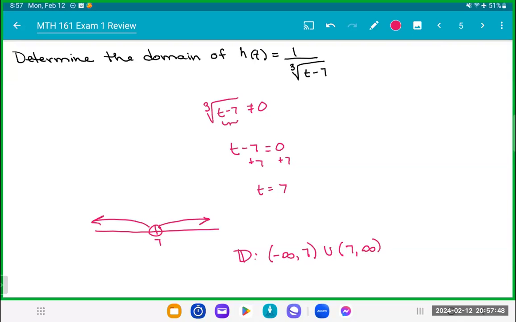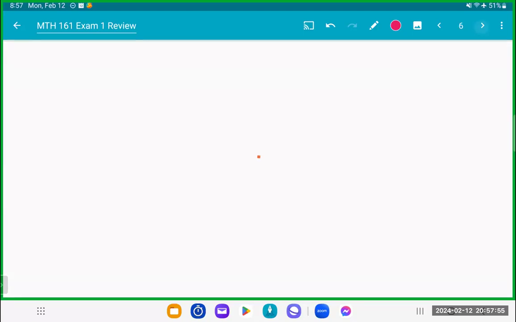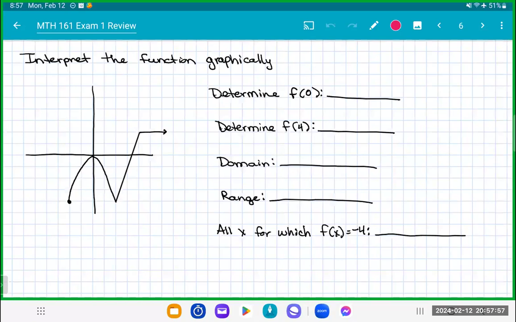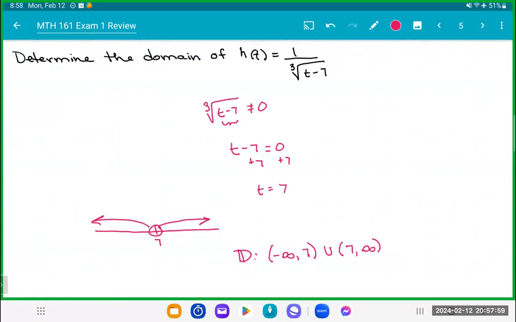Okay, question. Teacher, could you please explain the domain again? I'm sorry, I didn't get it. Yeah. So with the domain, that's just saying what values can our x be, right? In this case, we have a denominator, and our denominator cannot equal 0.